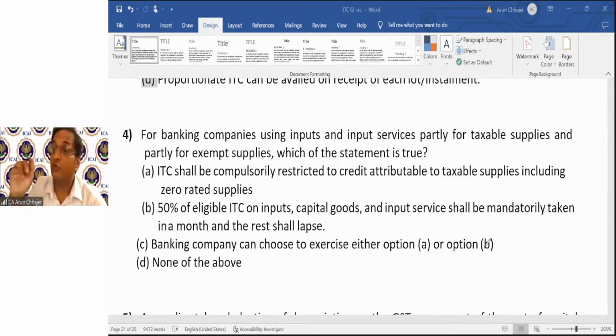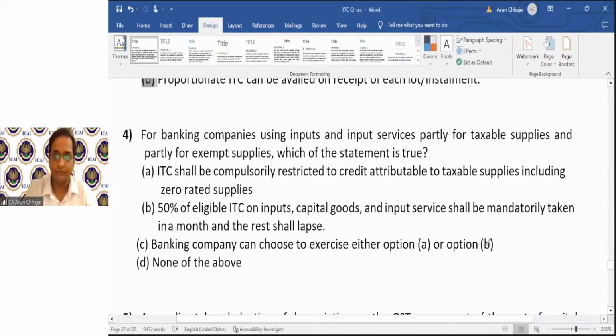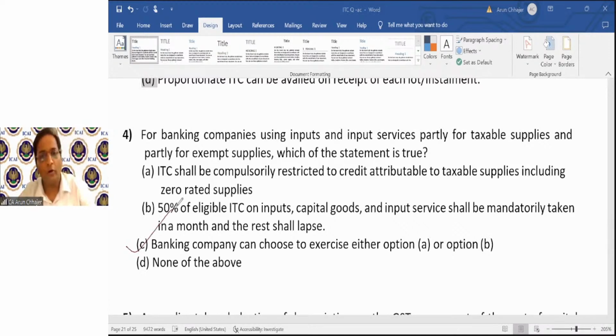They have the option to choose any one of the two. Whichever is chosen will remain for the entire financial year. So the right answer is C. Any doubt, kindly ask in the group.